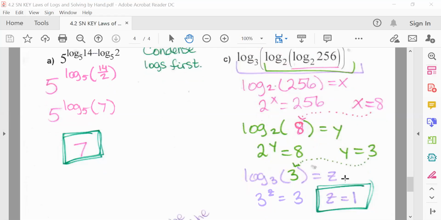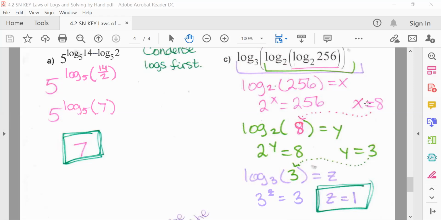Again, a different variable because it's a different value. Drop and cross. 3 to the power of z equals 3. So z is 1. So the answer to all of this, log base 3 of log base 2 of log base 2 of 256, equals 1.